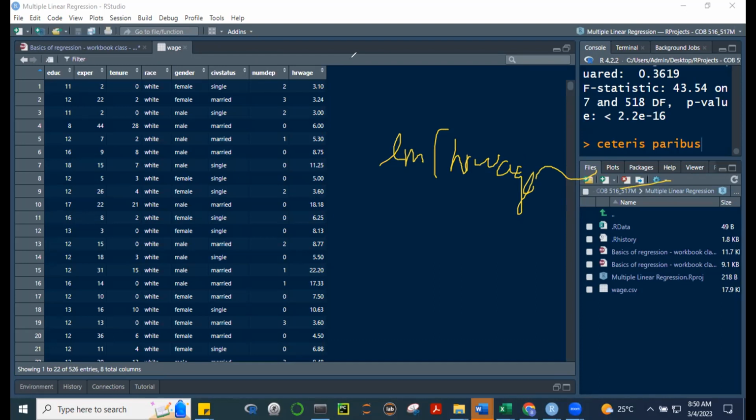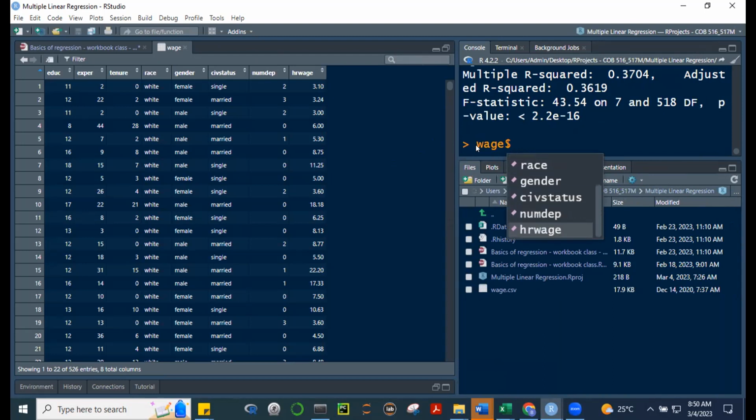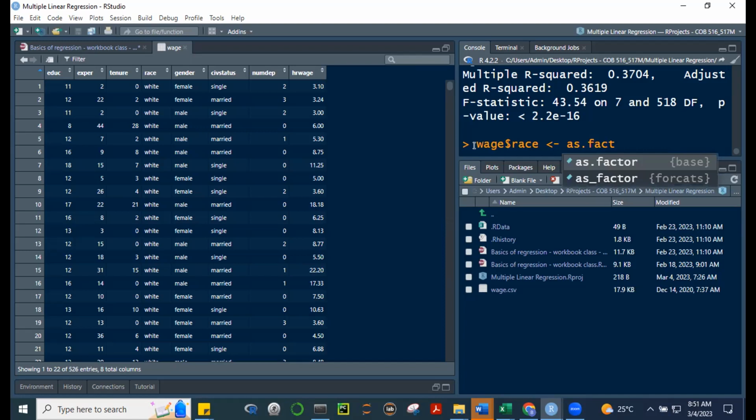If there's a need for you to convert that character variable into a factor, you just do it this way: wage, dollar. If I write wage and then dollar, it will automatically bring me what's inside wage. So here race, Alt minus, and then I just use the as.factor function.